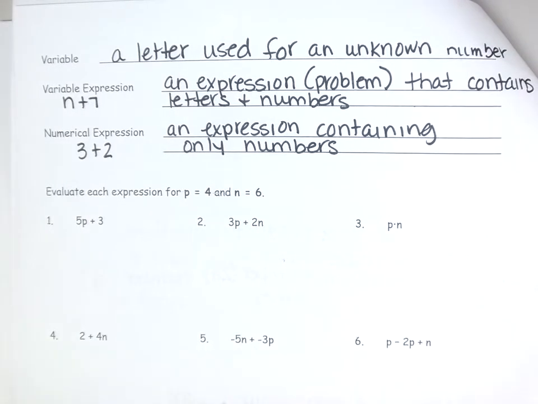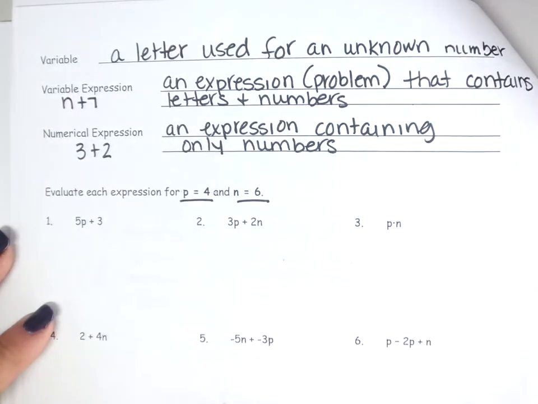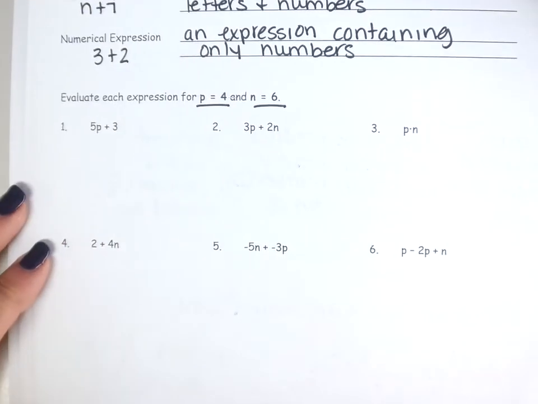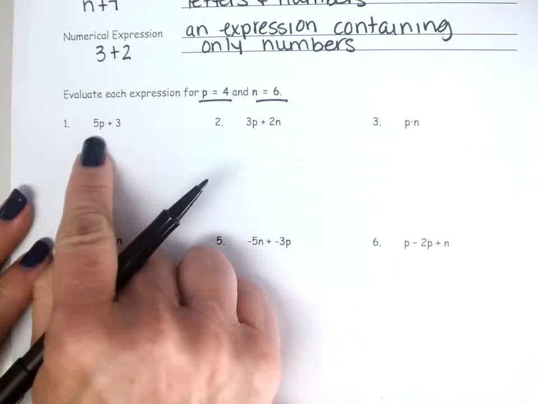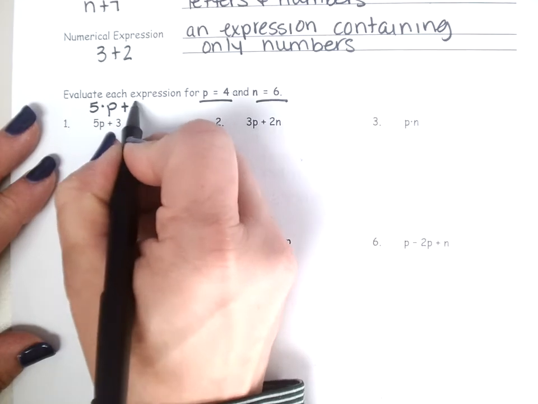So in the next part, we're going to evaluate each expression. If P is 4 and N is 6, so P is going to be 4, N is going to be 6 for every one of these problems. When you see a number in front of a letter, that really means 5 times P plus 3.